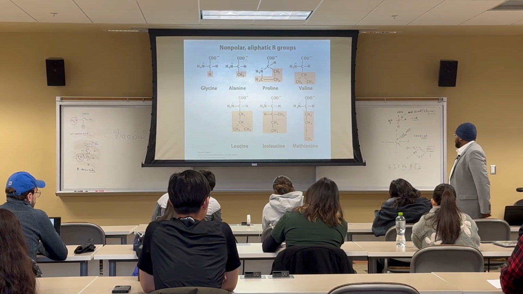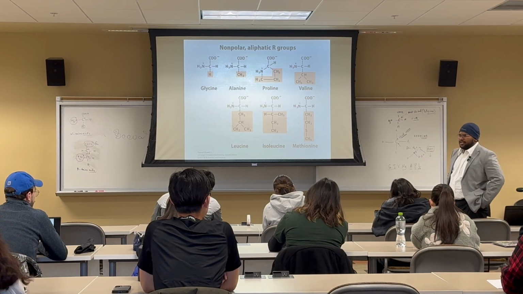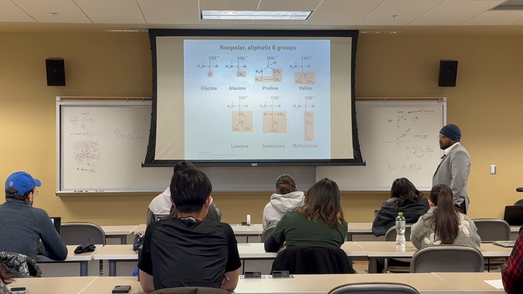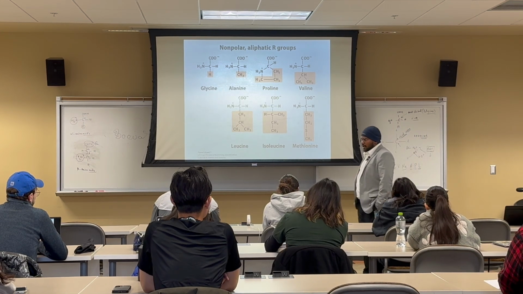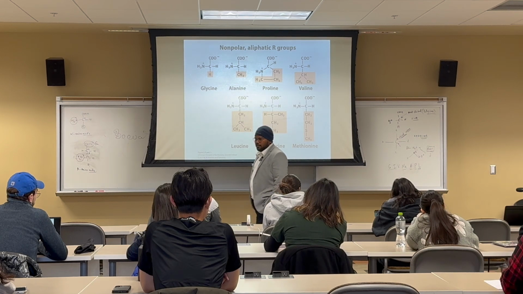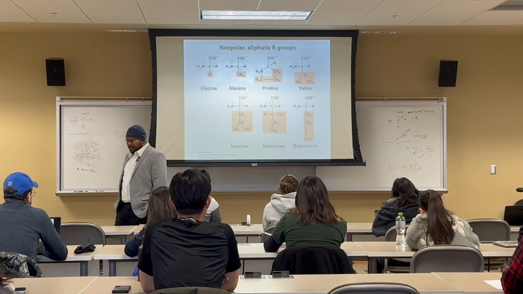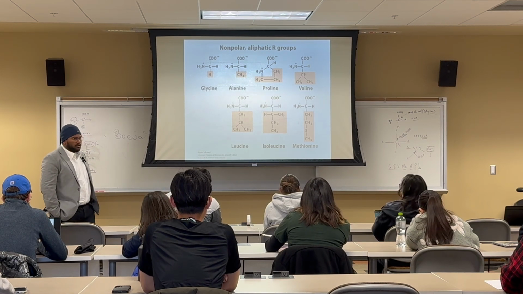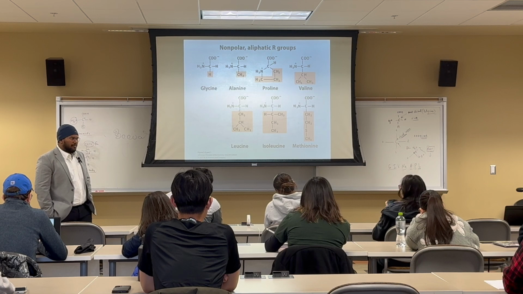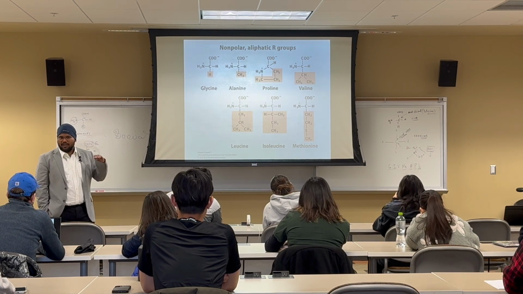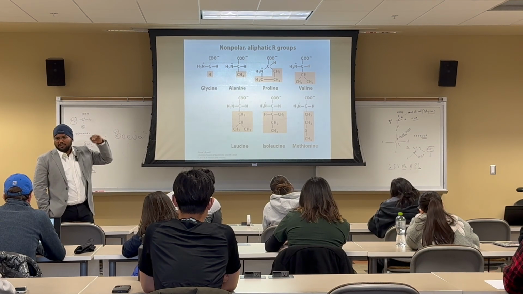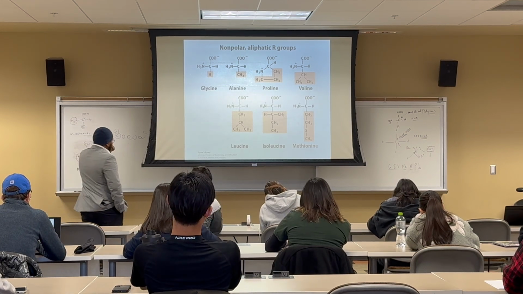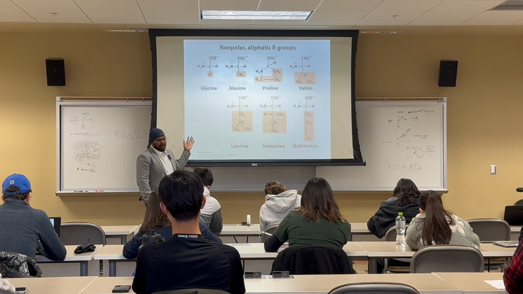The first one is G for glycine, I for isoleucine, V for valine, M for methionine, A for alanine, P for proline, and L for leucine. Can you remember at least the names? Now we are moving step by step. First we will remember the names and then the structures. So the first group will be remembered as give me Apple.